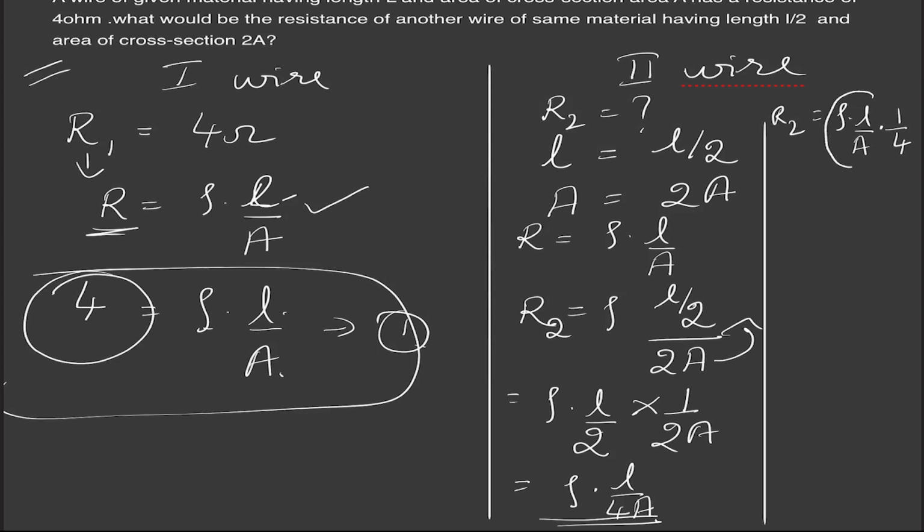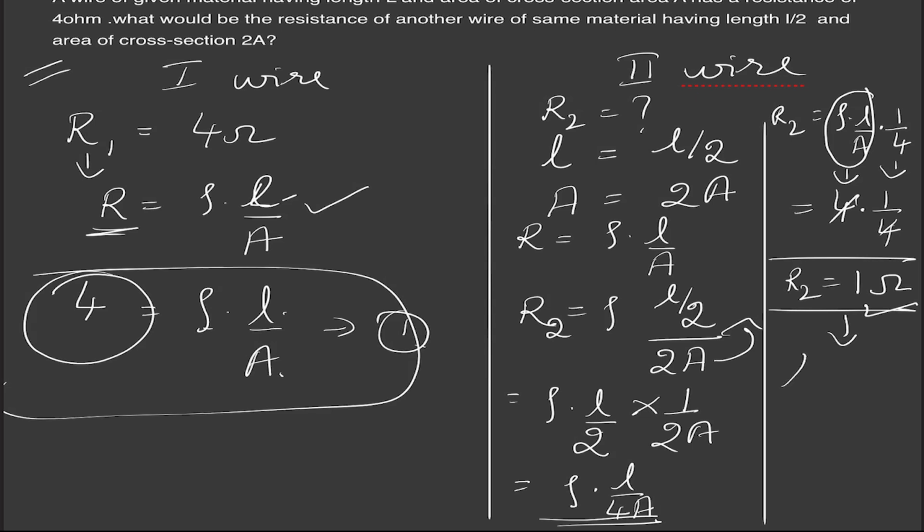So in place of rho into L by A, I can substitute 4, the resistance of the first wire, into 1 by 4 remaining as it is. 4 and 4 get cancelled. We are left with 1. So what is the resistance of the new wire? It is 1 ohm, whose length was L by 2 and area of cross section was 2A. Hope this problem is clear.